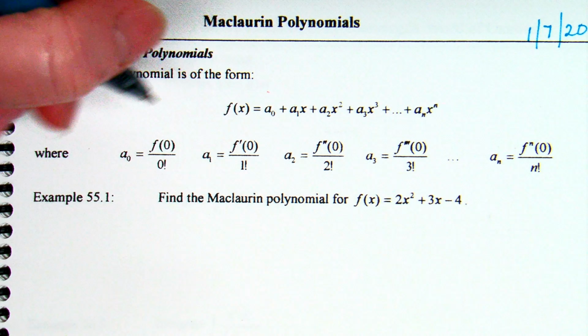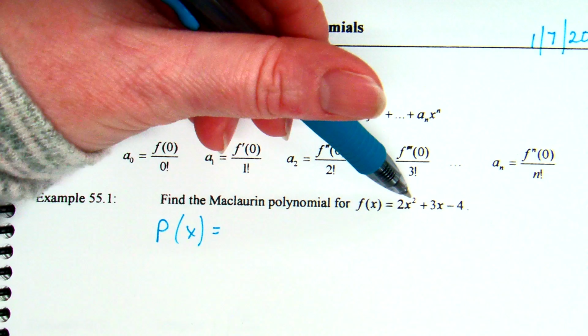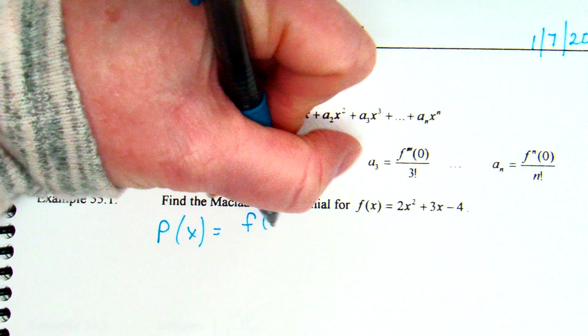When we do a Maclaurin polynomial, we usually use p of x, which just represents polynomial. Since we're going up to x to the second, a of 0 is f of 0 over 0 factorial.